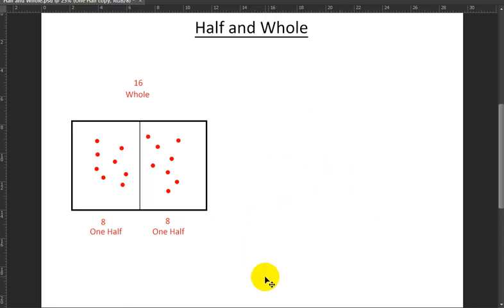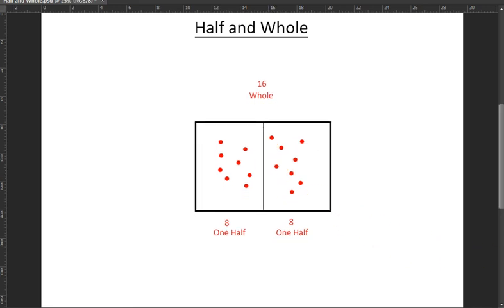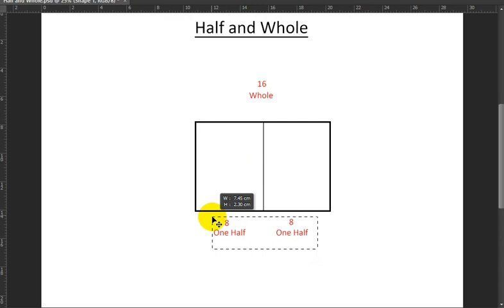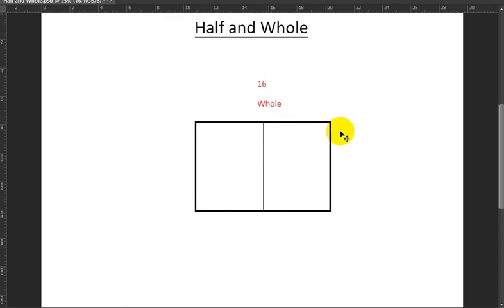Now, what if I know the half, but I don't know the whole? Let me give you an example of that. Let's say that in here I have 1, 2, 3, 4, 5, 6, 7, 8, 9 dots.